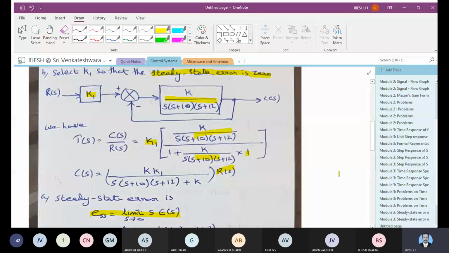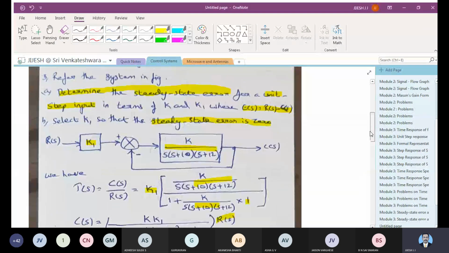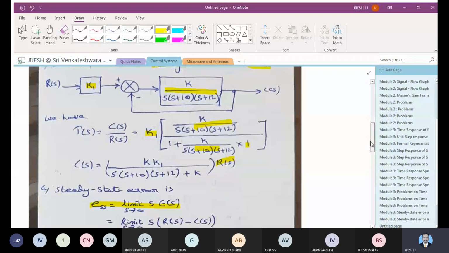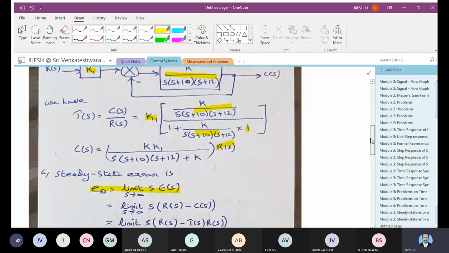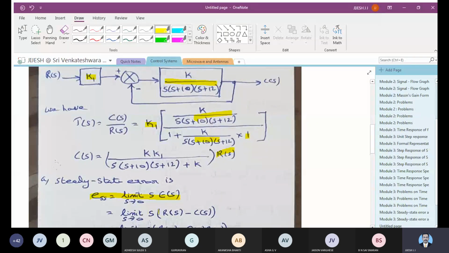You can see here E of S is given as R of S minus C of S. In the question itself it is there, E of S is equal to R of S minus C of S. So just substitute that for E of S, S into R of S minus C of S, in place of E of S. Let us simplify that.